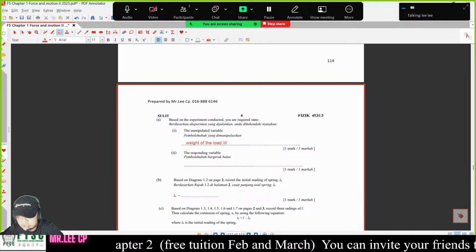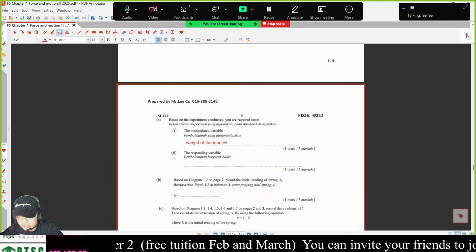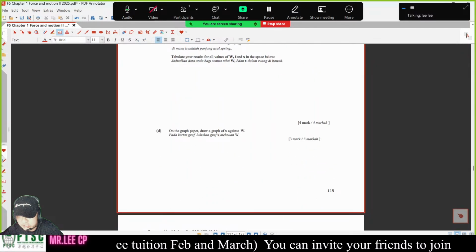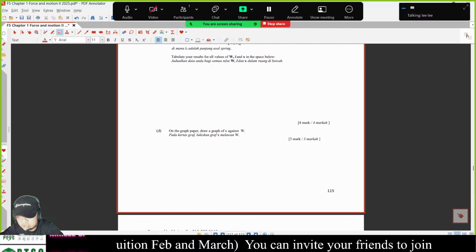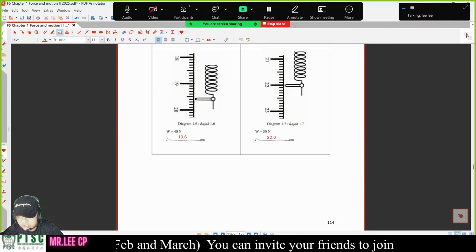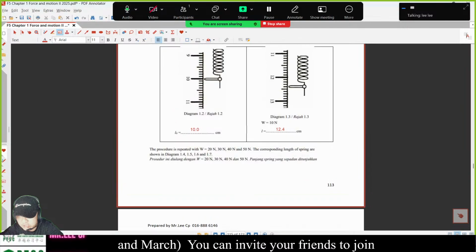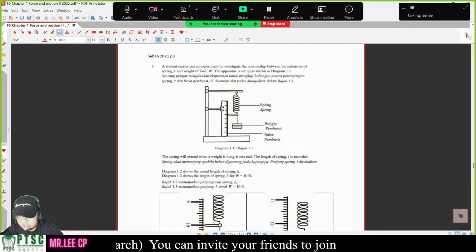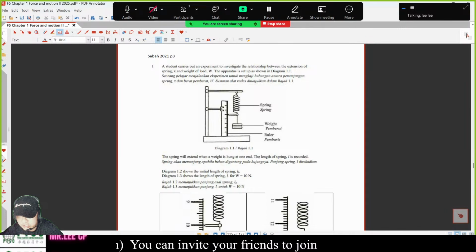Responding variable, it is x. You read here, plot this one, so the y-axis is x. So what is x? You go and read and copy. Extension of the spring, x.